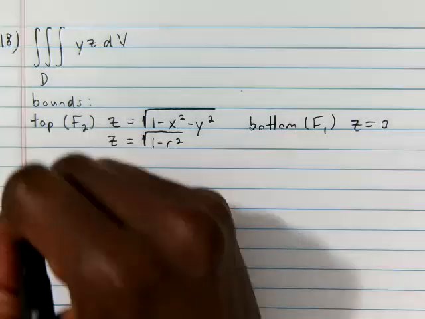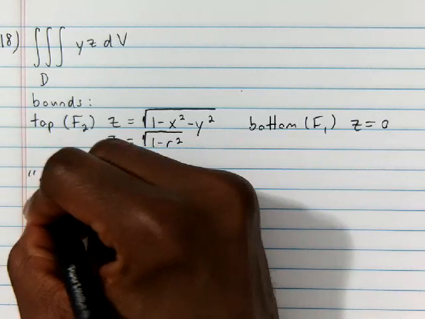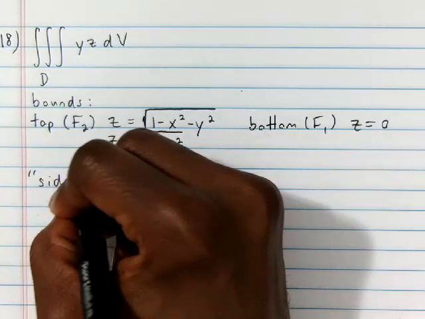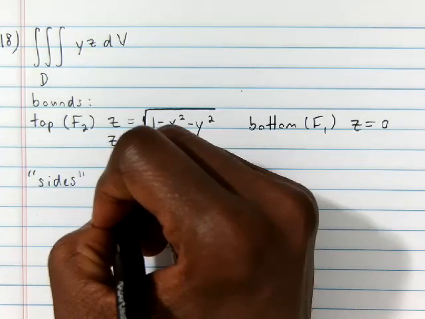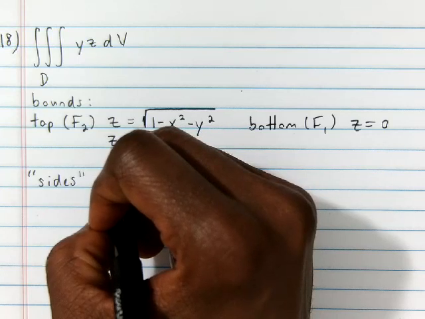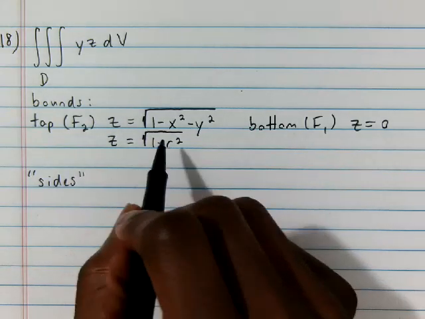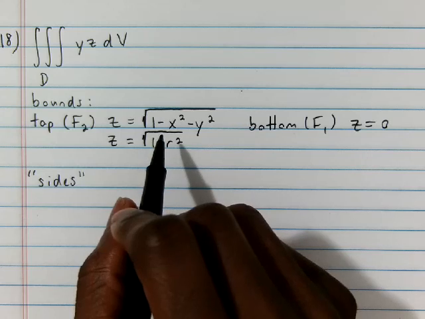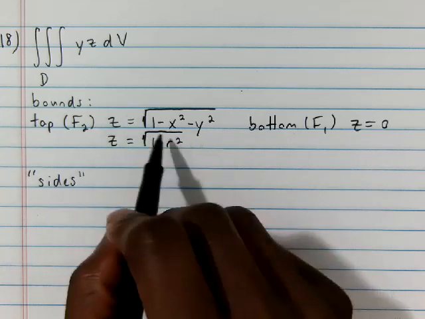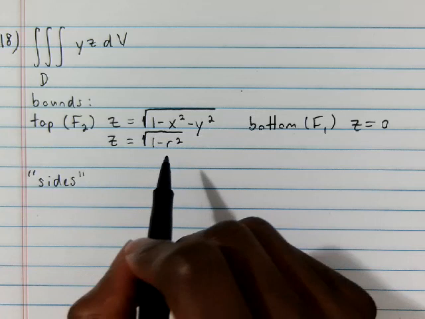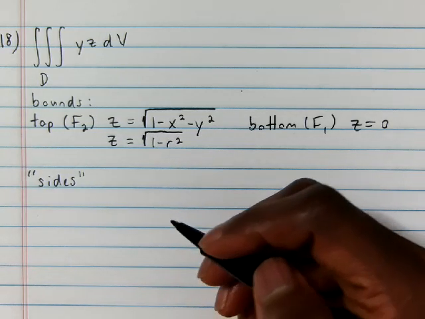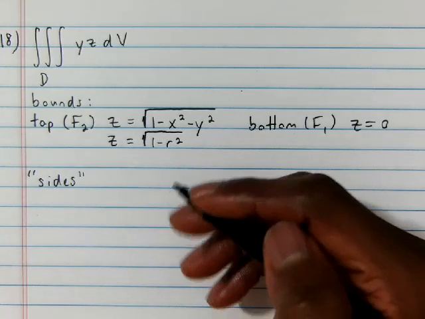Then our sides. The sides, they gave us the coordinate planes, as well as what we're going to do is look at when this sphere intersects the cylinder that they gave us. So they gave us r equals cosine theta.